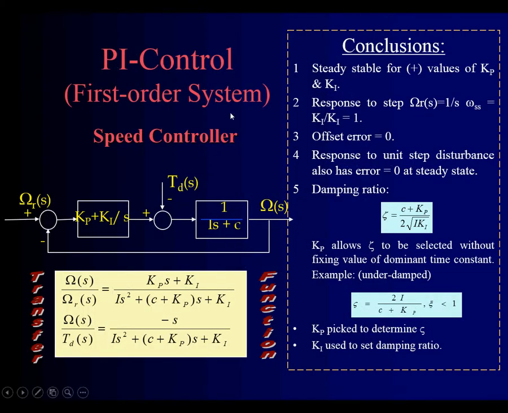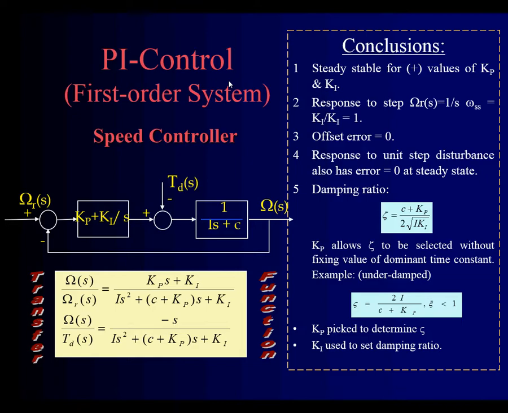Okay, let's just reach some conclusions on PI controls. For positive values of Kp, the steady state offset error is 0. You can modify the damping ratio and select it by fixing the dominant time constant.